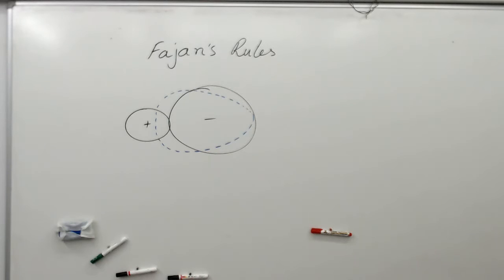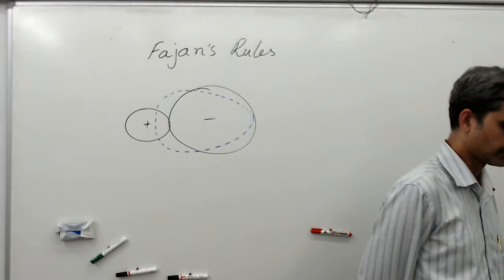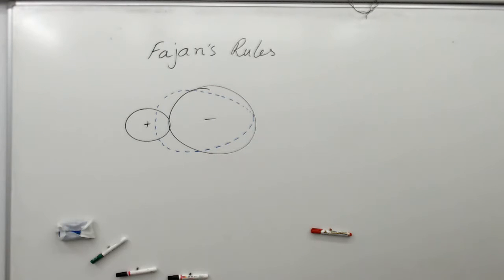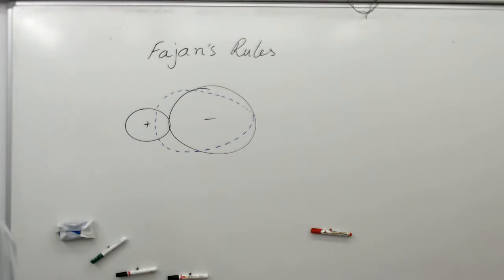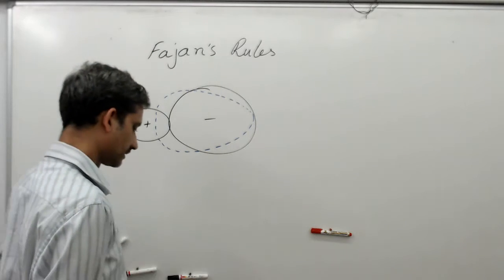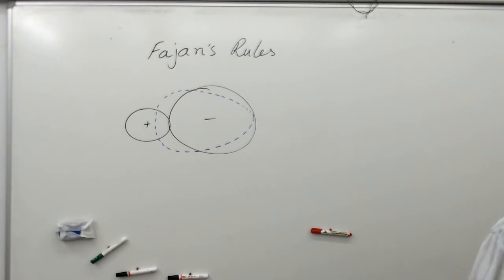Faience rules are the factors which favor the covalent nature in the ionic bond. Factors which favor the covalent nature in the ionic bond.